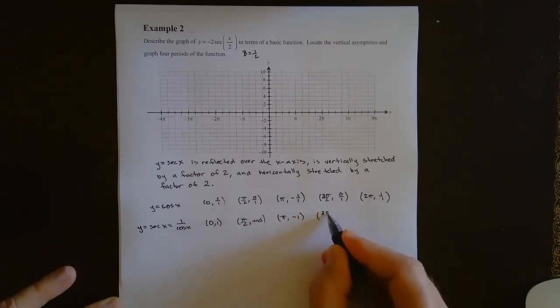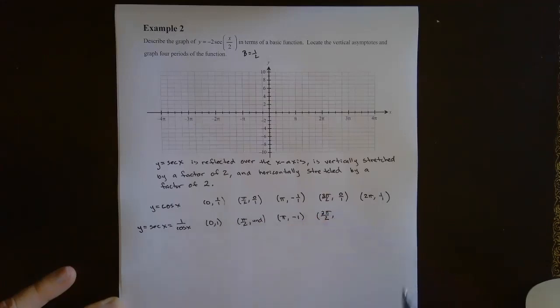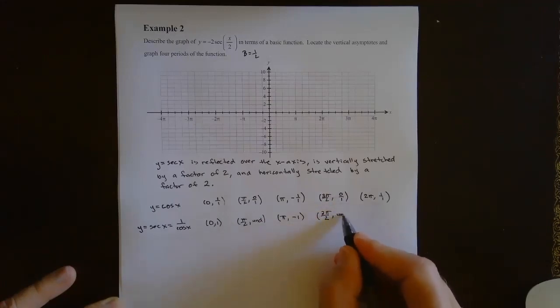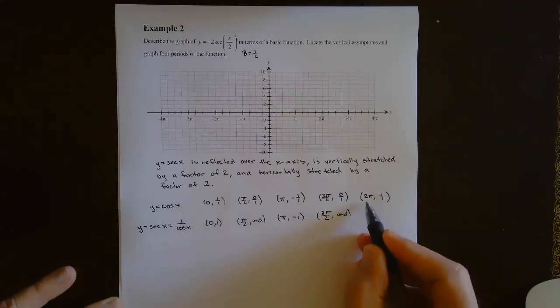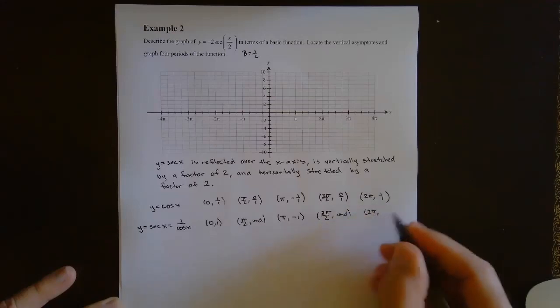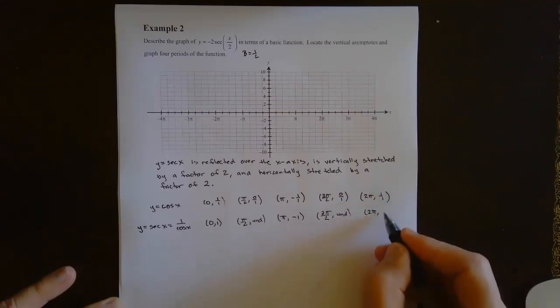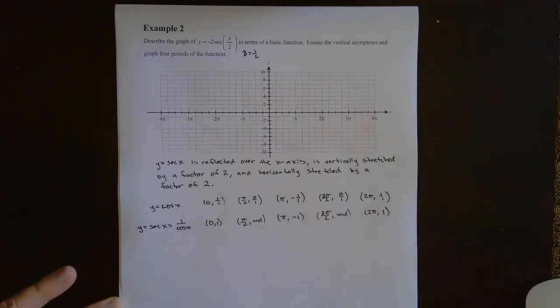At 3 pi over 2, when I do the reciprocal of 0 over 1, that's undefined. That's going to be a vertical asymptote. 2 pi comma 1: the reciprocal of 1 is just 1. So these are the 5 points for secant x.